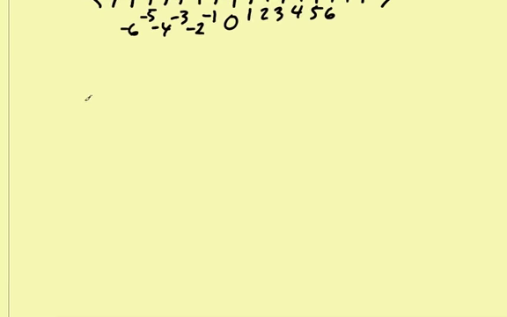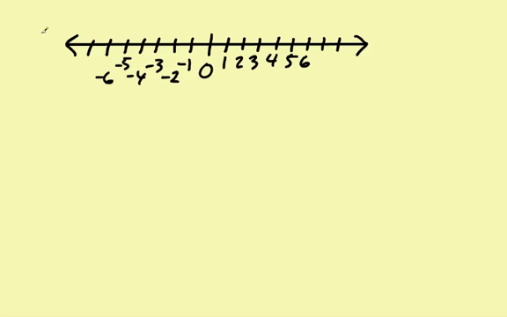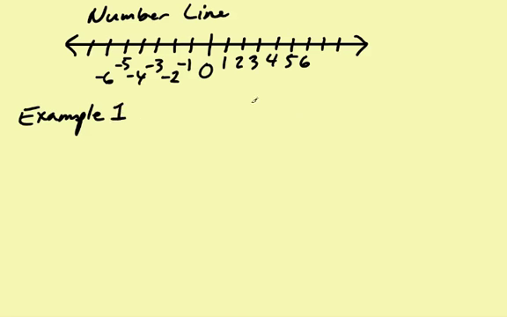Here's our number line. Oop. It's drifting away. Okay, so we have our number line. So really there's a couple things that we can do to add negative numbers. So we either have, for example, example 1 and example 2.